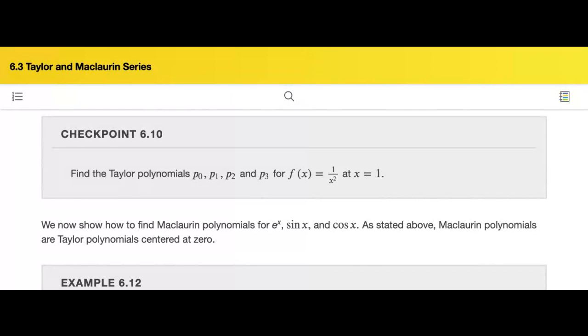P2 equals f of 1 plus f prime of 1 times x minus 1 plus f double prime of 1 divided by 2 factorial times x minus 1 squared.